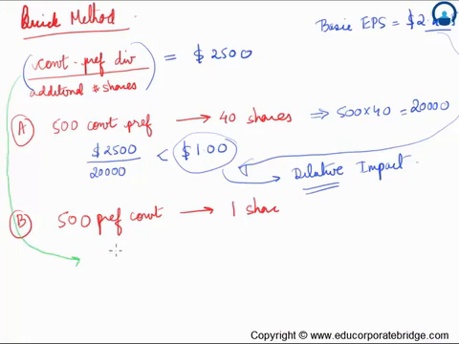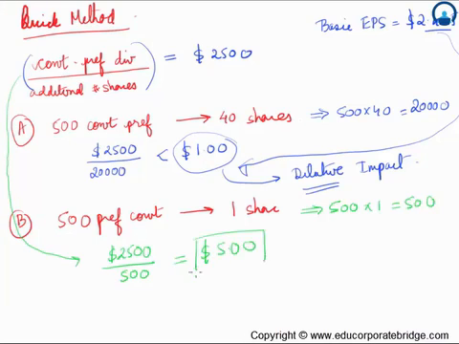This would be $2,500 divided by how many shares? Here the number of shares will be 500 multiplied by 1, that is 500 shares. So when I divide this, it comes out to be $5.00.